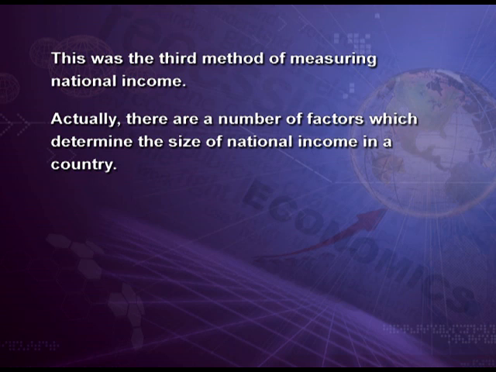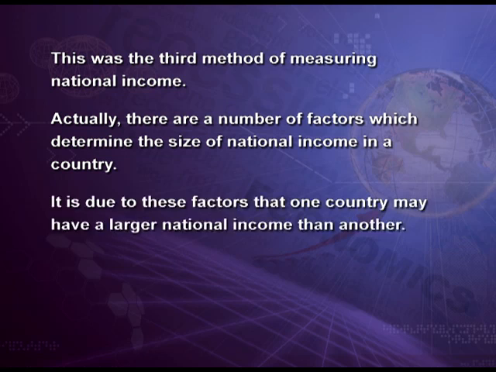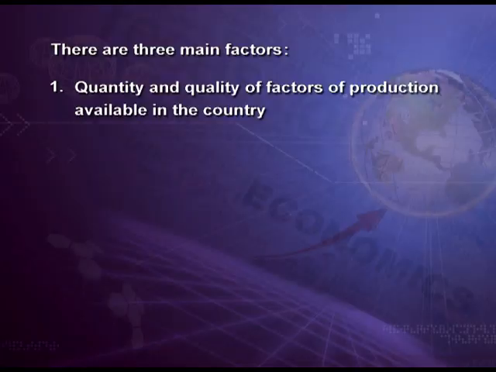Actually, there are a number of factors which determine the size of national income in a country. It is due to these factors that one country may have a larger national income than another. There are three main factors. First, quantity and quality of factors of production available in the country.